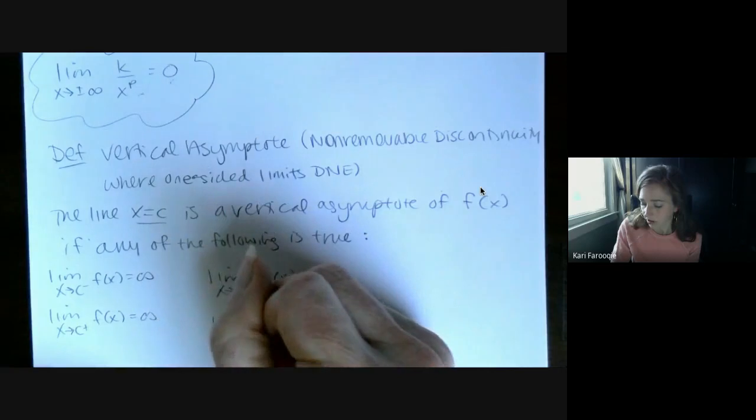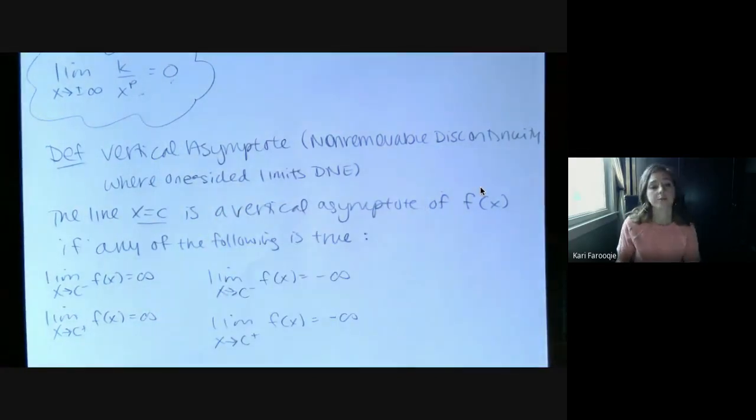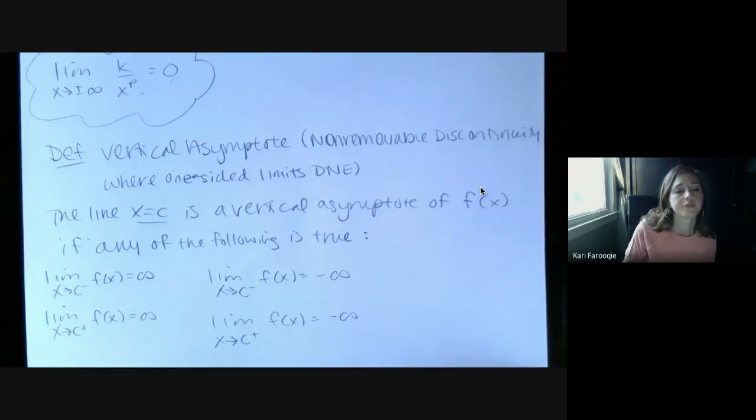Or the limit as x approaches c from the right of f of x is negative infinity. So if any of those are true, then x equals c is going to be a vertical asymptote of your function f of x.